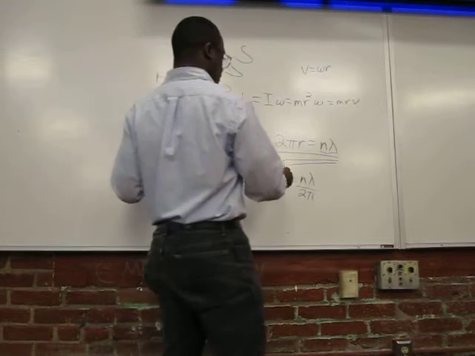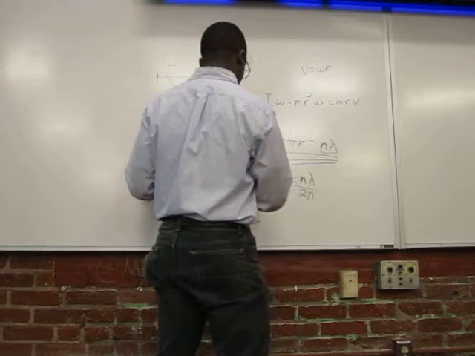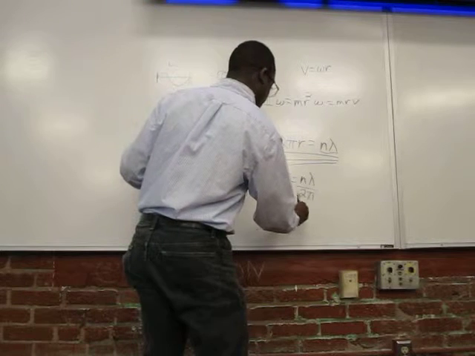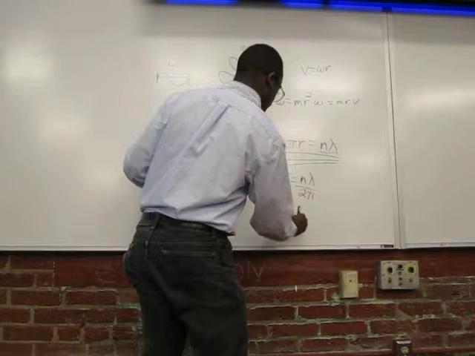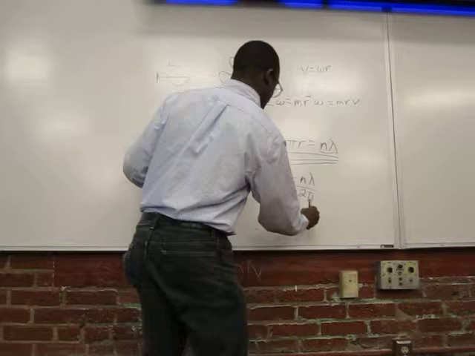Okay, so when you substitute that into here for lambda, you get h over momentum over 2 pi.